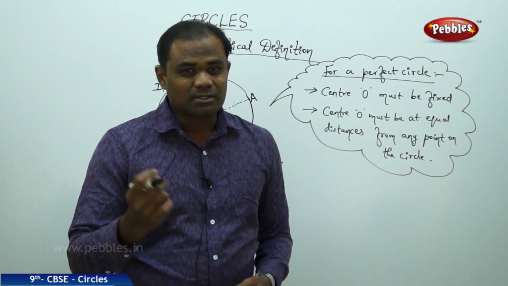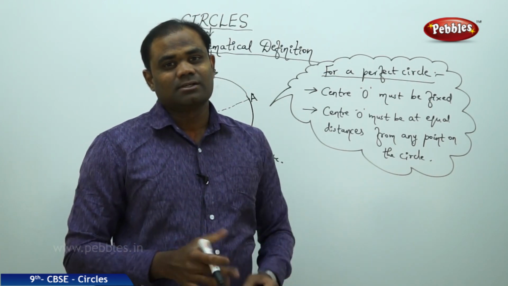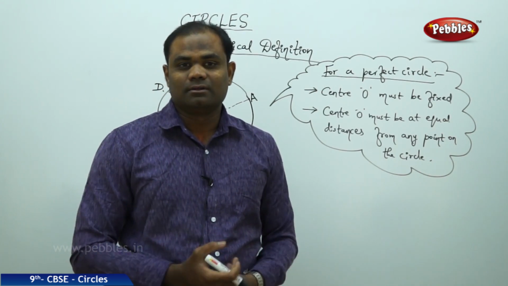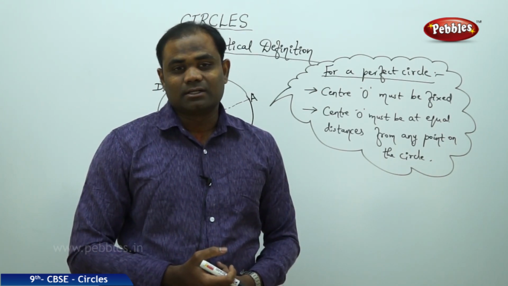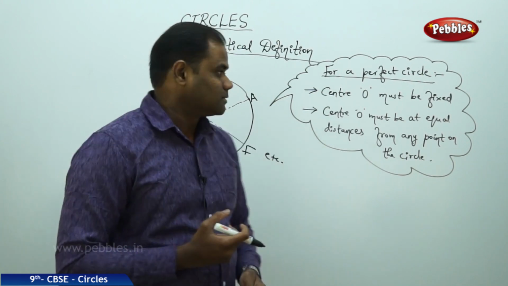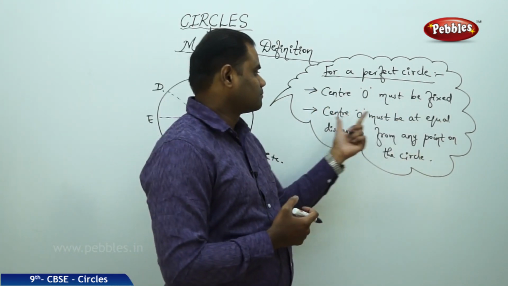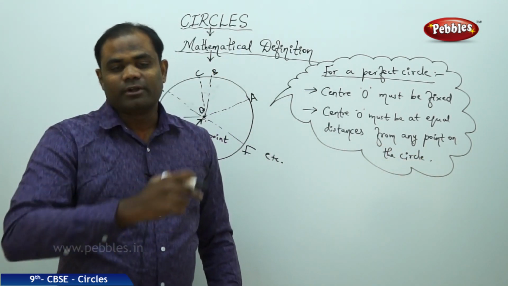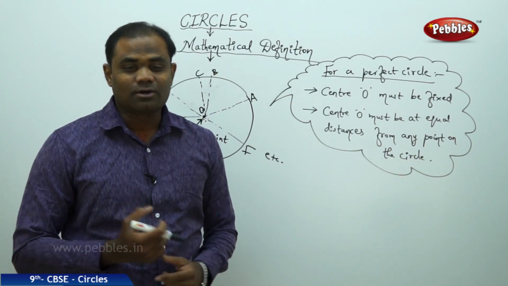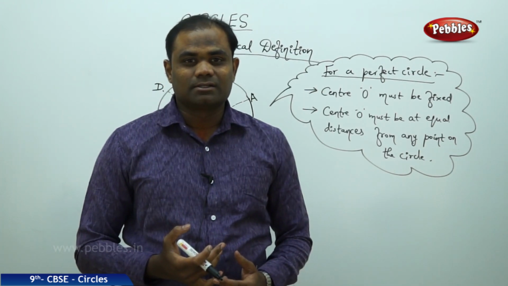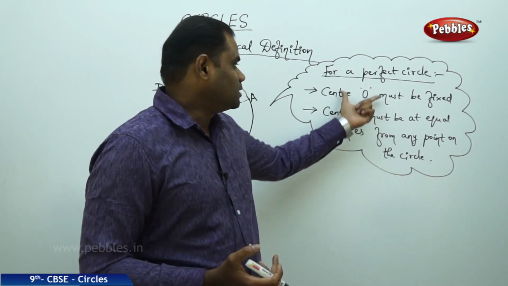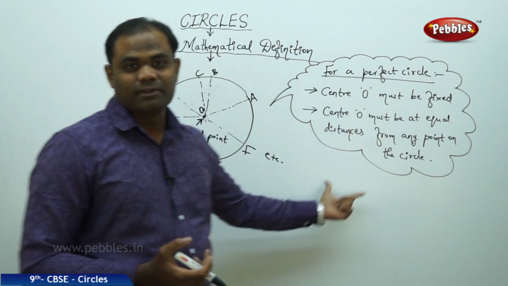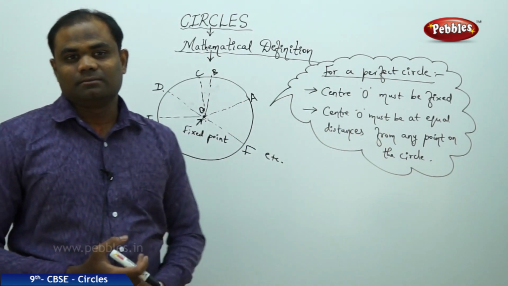Even if one distance is not the same as other distances, then the circle is not perfect. It is not a circle. Mathematically, a circle has two basic properties: center fixed and center at equal distances from the points on the circle. It's how we understand the circle derived from these two basic properties. The mathematical definition of a circle.